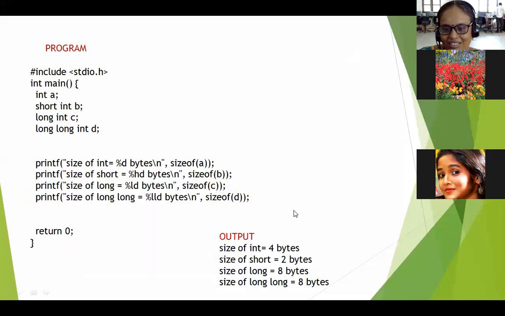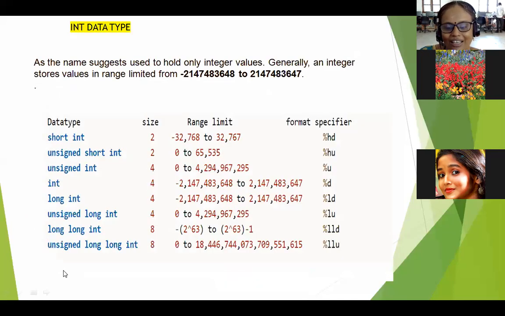One of you asked, ma'am, why long long? You just see. Actually, in this particular system, long and long long both are holding 8 bytes only. We executed it, but you see that long will hold this much number, and long long will hold 2 power 63.